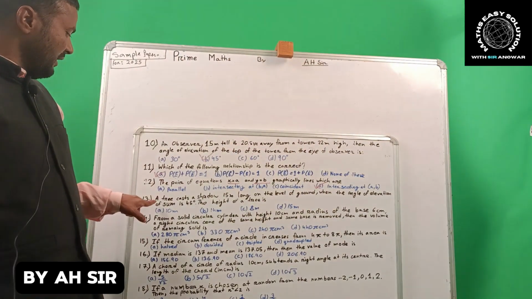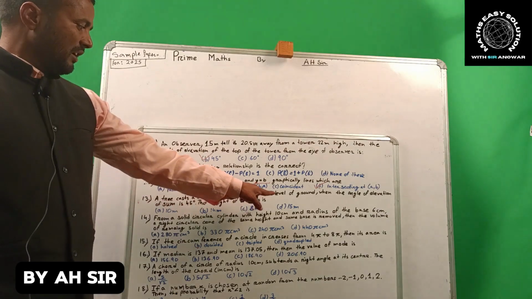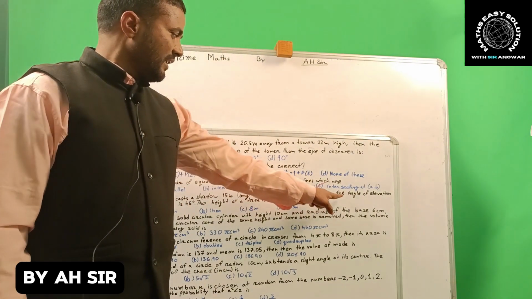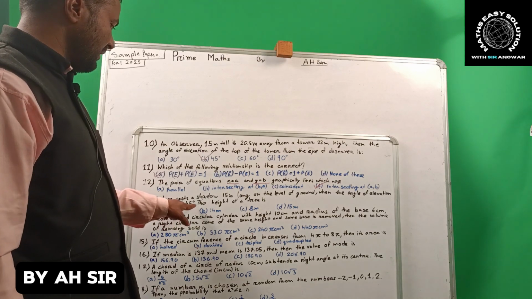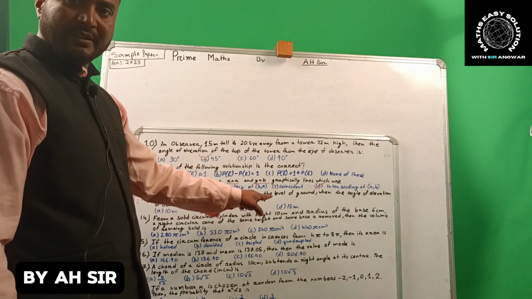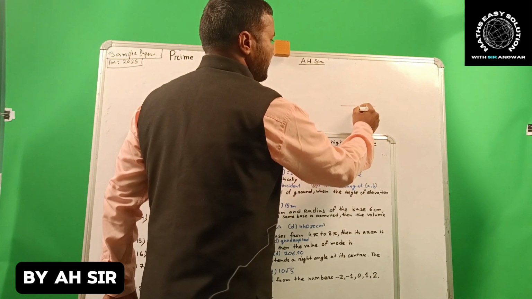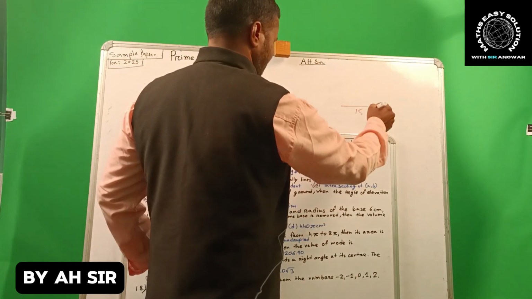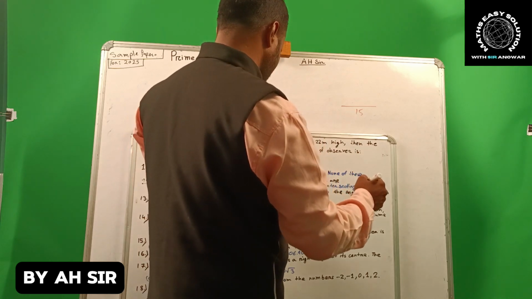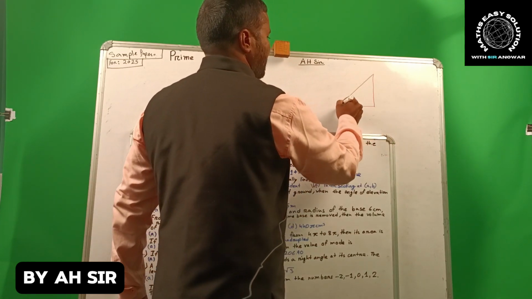Okay, see this question. A tree casts a shadow 15 meter long on the level ground when the angle of elevation of the sun is 45 degree. The height of the tree is? You see here, they mean shadow here. Shadow is this one. This is 15 meter. Then this is the height of the tree. Like this will be the angle.